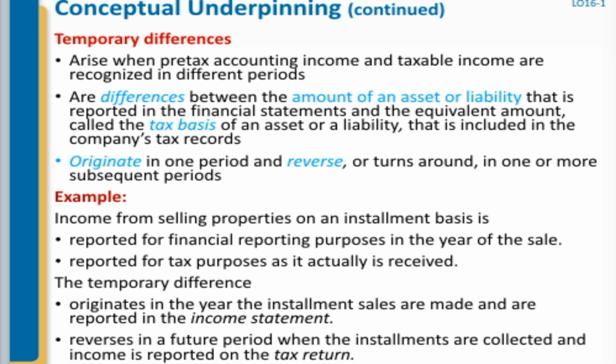So what we'll do is we will recognize on our income statement as tax expense any taxes associated with the income that we are reporting on our financial statements. That doesn't mean we're paying all those this year. It just means, hey, on our financial statements we recognize this income.